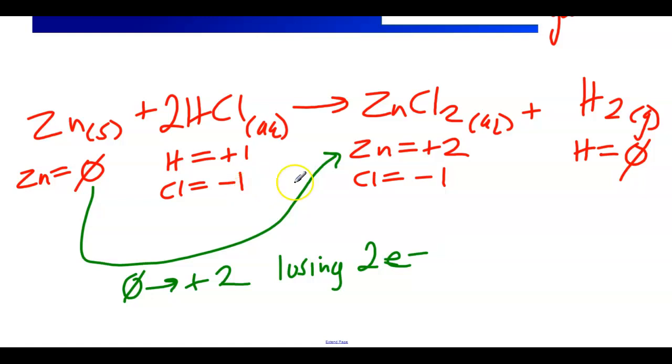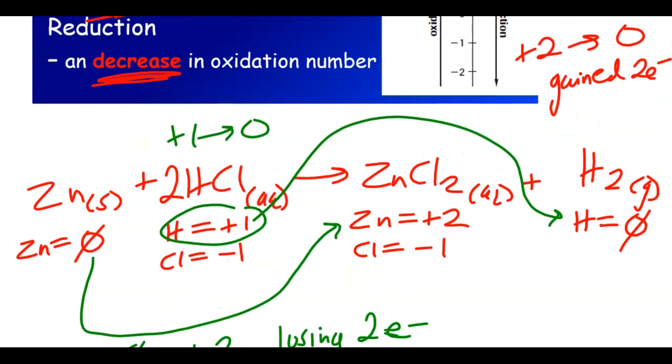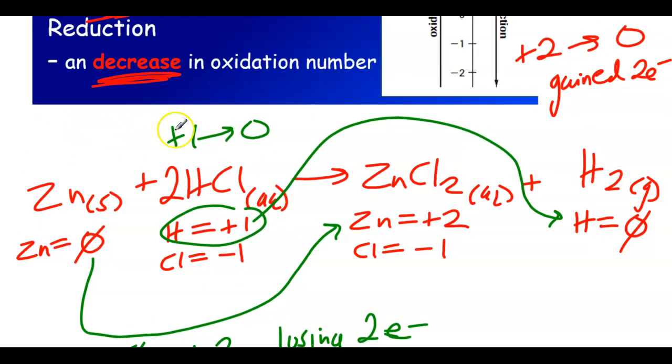If we look at chlorine, chlorine is not changing. So that means nothing is happening to chlorine. However, hydrogen is going from +1 to 0. So that means that hydrogen is gaining an electron.